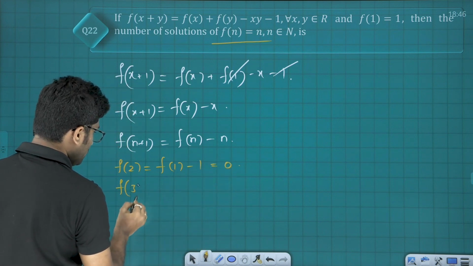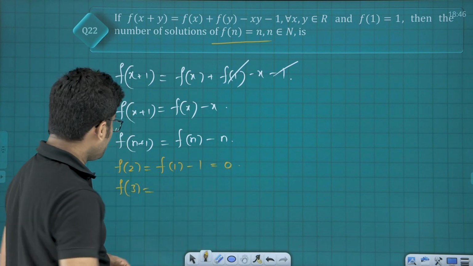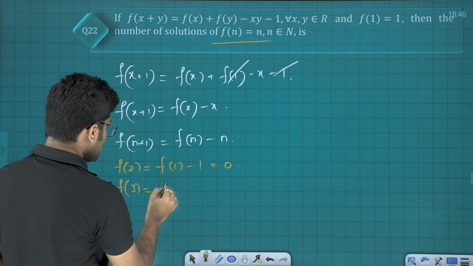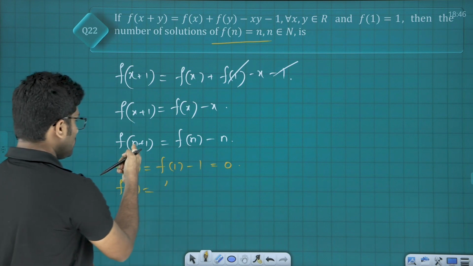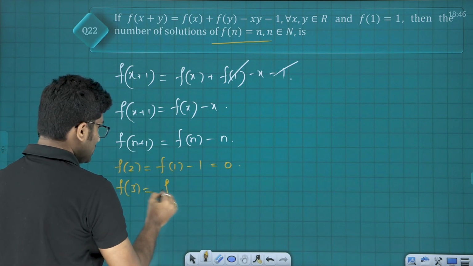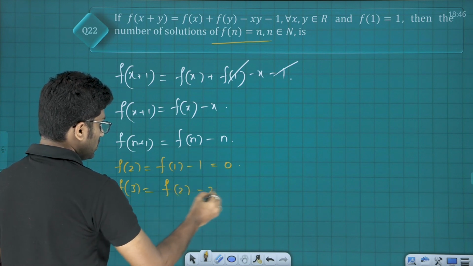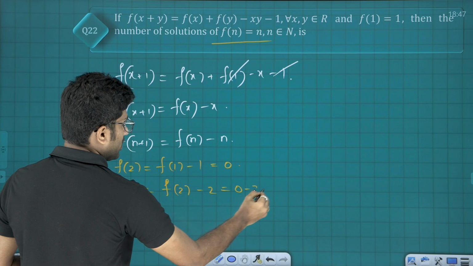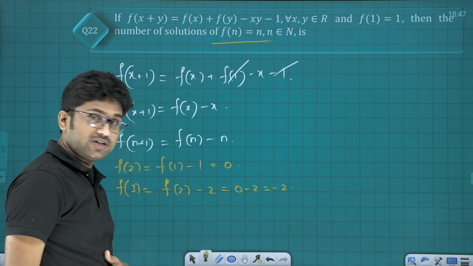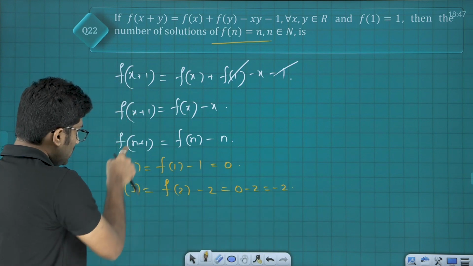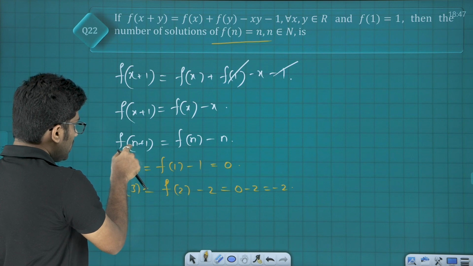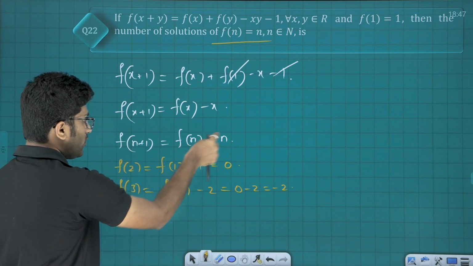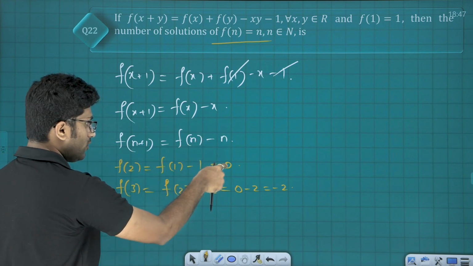What is f of 3? When you put n equal to 2 here, f of 3 is equal to f of 2 minus 2. F of 2 is 0, 0 minus 2 is minus 2. Are you getting me, friends? To get f of 3, we put n equal to 2.